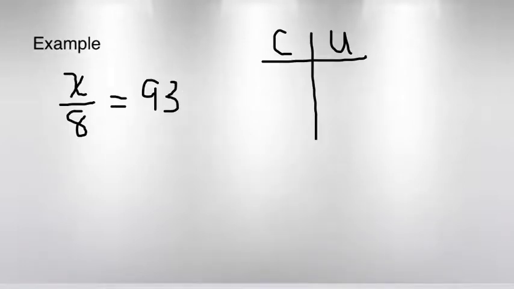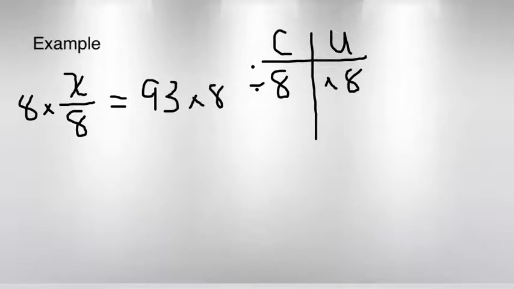Okay, let's do this example now. If you notice, there's no negatives in here, so we're just working with positive numbers. My clue is that x is being divided by 8. So I'm going to undo division by using multiplication of 8. So I'm going to multiply both sides by 8, and my 8s will cross out here, so I have x equals, and I should get a big number, 744.